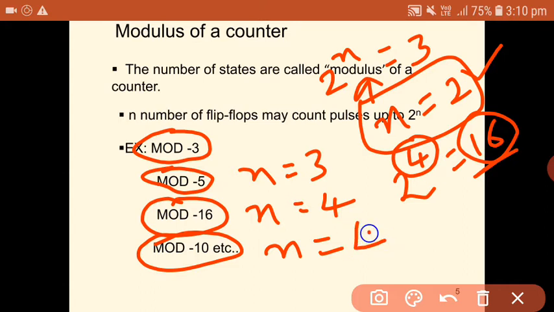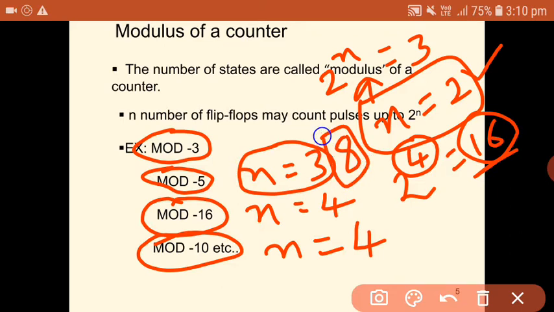Again 4, because by using 3 flip-flops you can count a maximum of 8 clock pulses. That means up to a mod 8 counter, n is equal to 3. But if you are considering greater than 8, that is mod 9 or mod 10 counter, the minimum number of flip-flops required is 4.